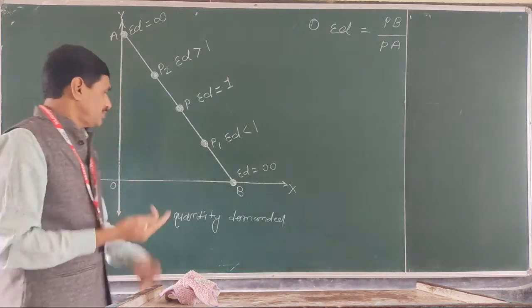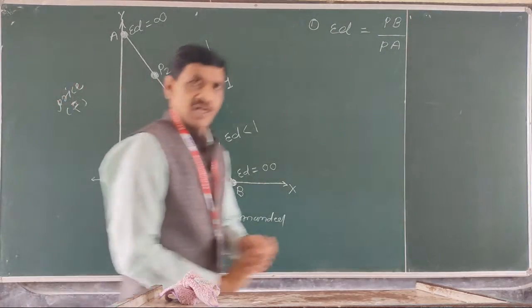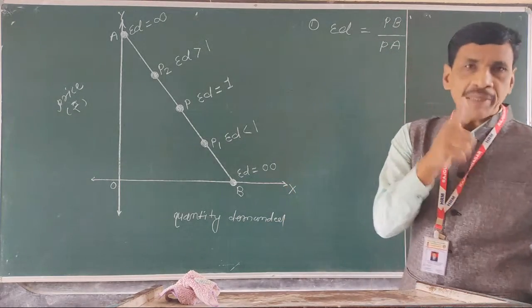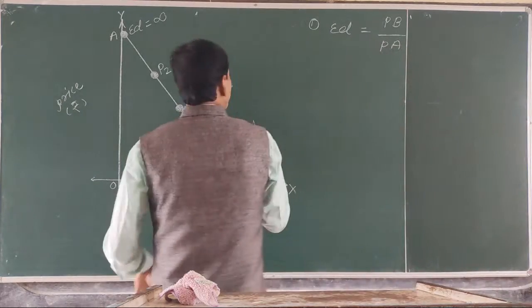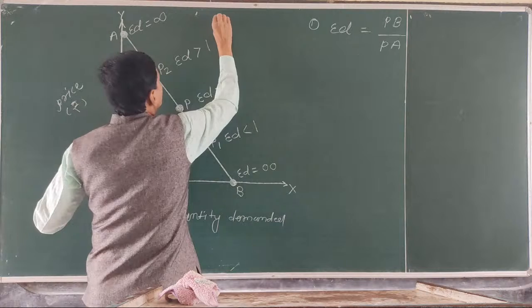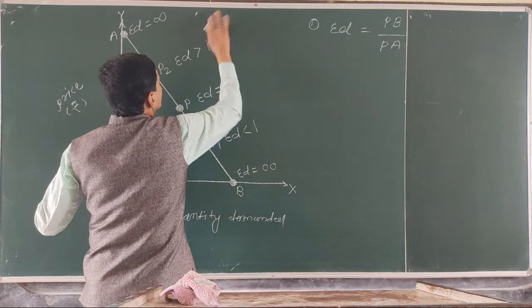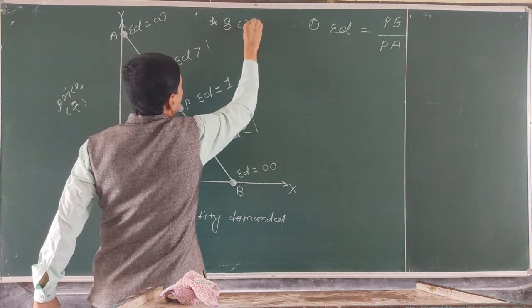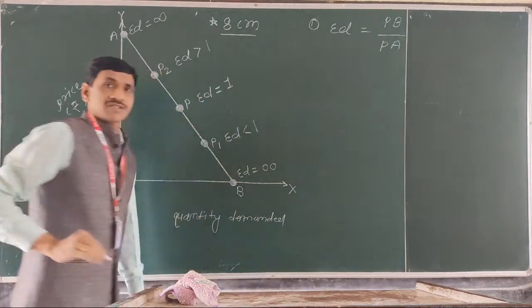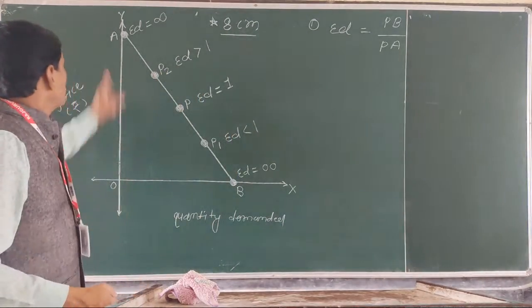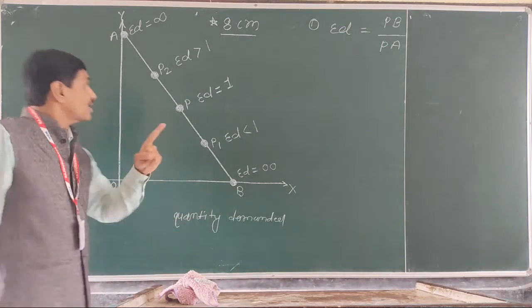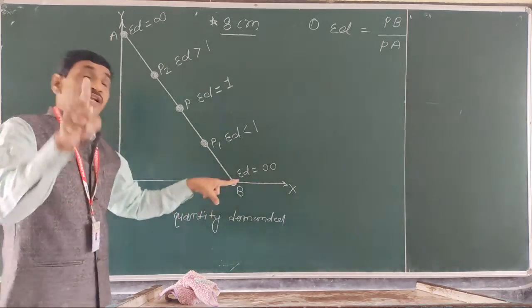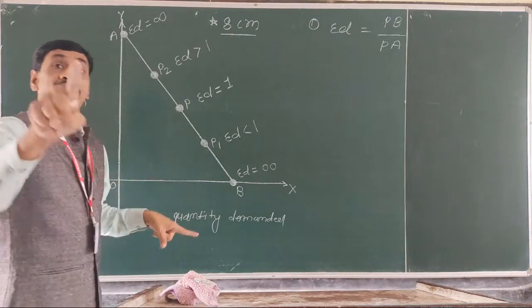Dr. Marshall assumes that AB is the linear demand curve and its length is 8 centimeter.